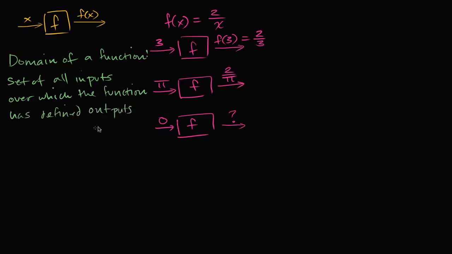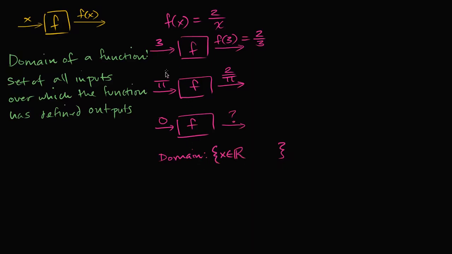So the domain for this f in particular, I could say, it's going to be the set, and these curly brackets are typical mathy set notation, of x, where x is a member of the real numbers. This little symbol means a member. But it can't just be any real number.